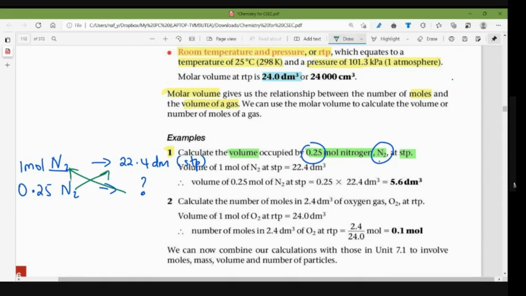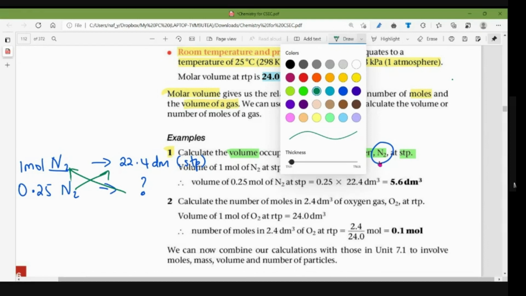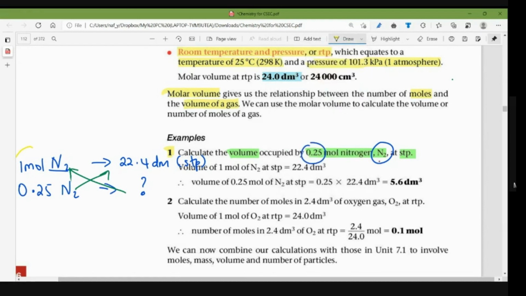All right. Look again. I want you to bring your attention here. What's the relationship between these two? Look at the numbers. What's the relationship between 1 and 0.25? I have a quarter of something, ladies.